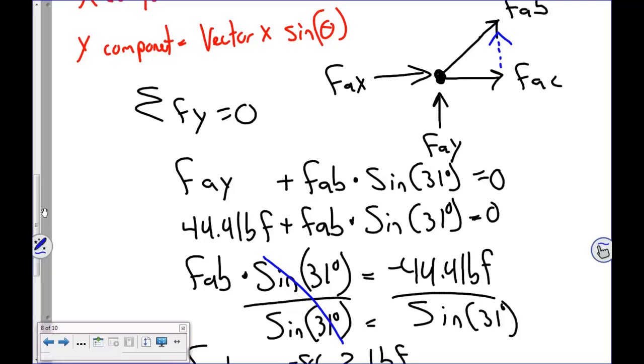Phi. And then the y component of FAB. Okay? How do I write that? Phi plus FAB sine 31. For x you use cosine, for y you use sine. FAY, FAB sine 31 equals 0.